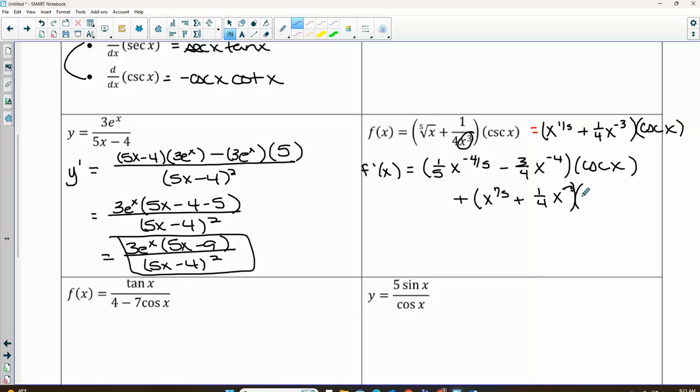What is the derivative of cosecant x? Negative cosecant cotangent.